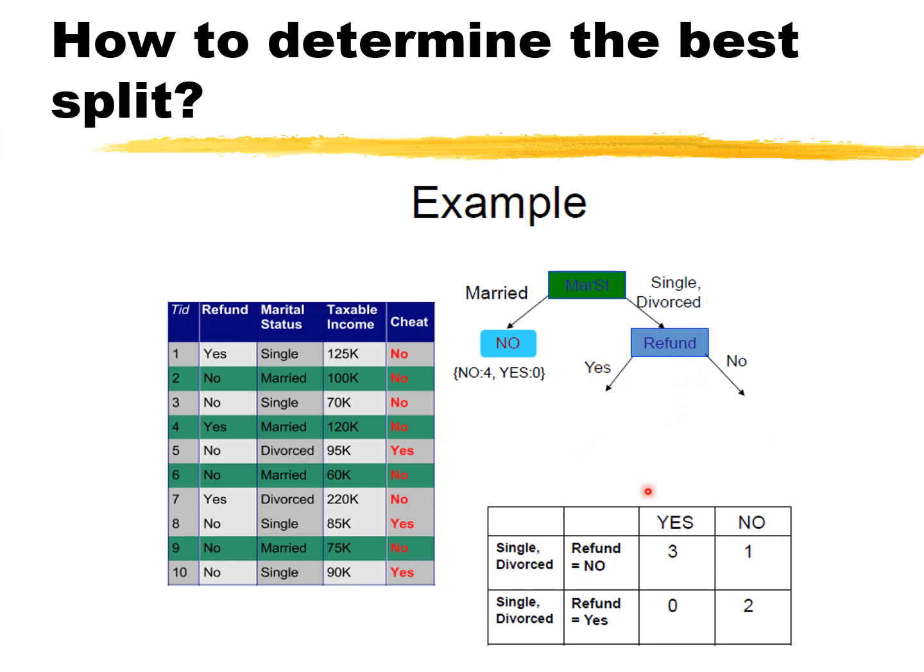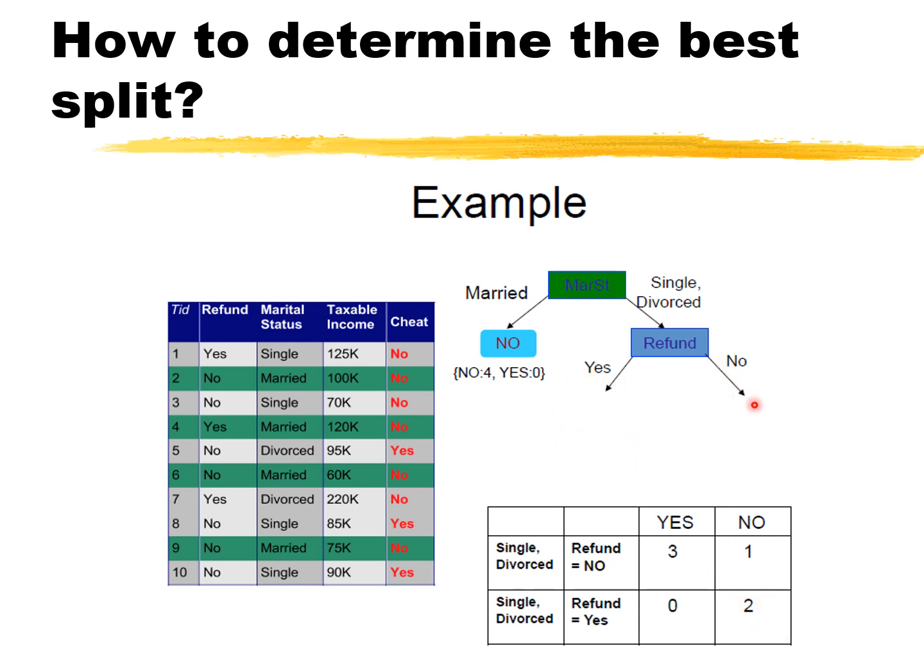For refund, we notice that single divorced and refund no, we have 3 yes. And single divorced and refund no, we have 1. Also single divorced and refund yes, we have 0 yeses and 2 no. So all of those who are single divorced and the refund is yes, we already have a label for them, which is no. So this will be no.